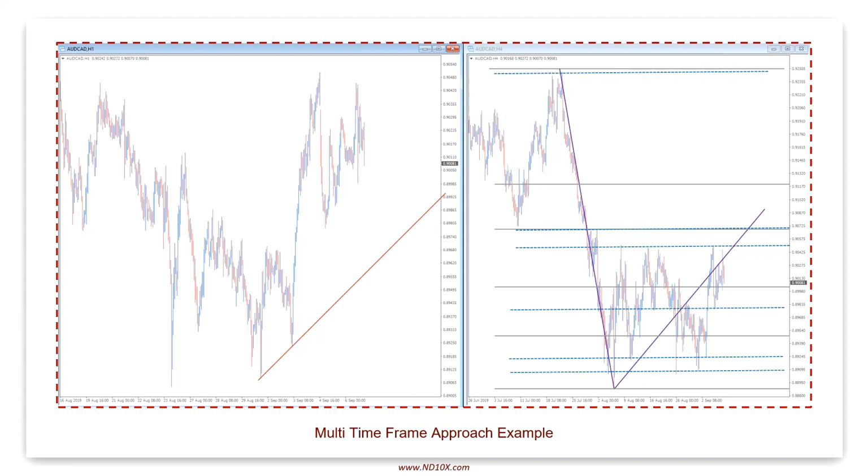Also, what I can notice over here is a potential flag formation. Doesn't look complete. So what we want to see is the test of higher resistances or that upper channel line before price pushes lower.